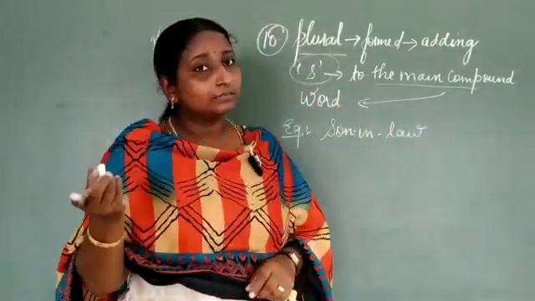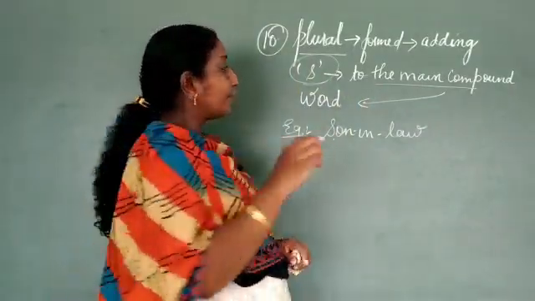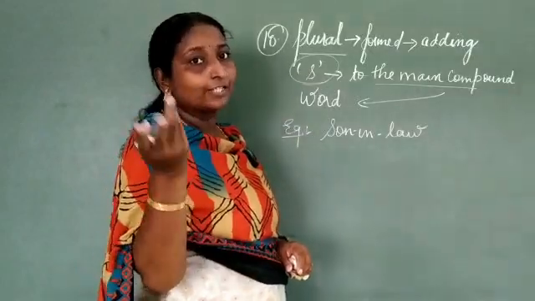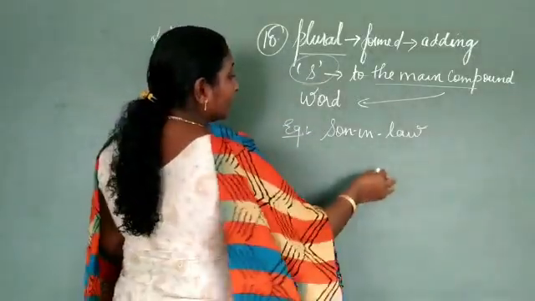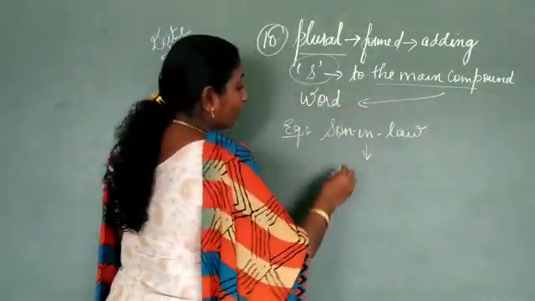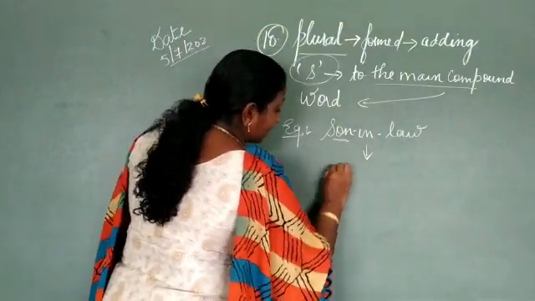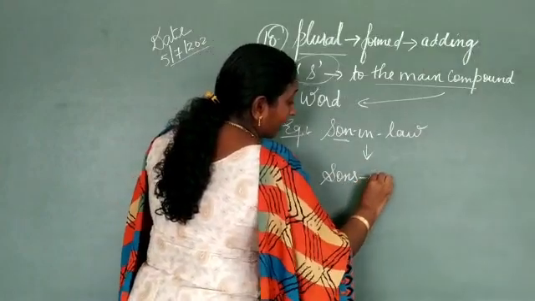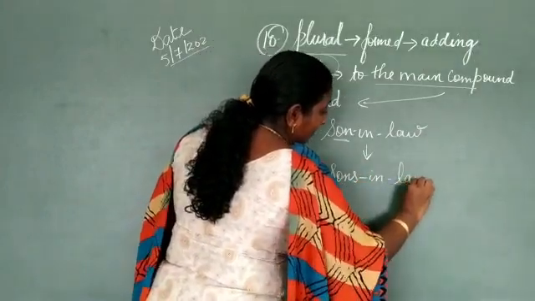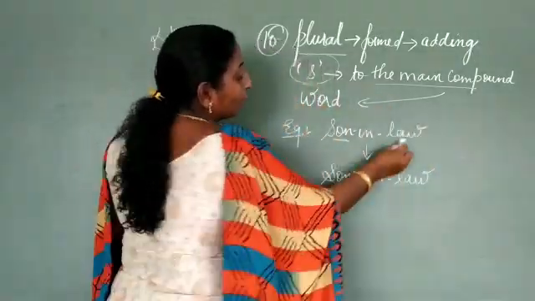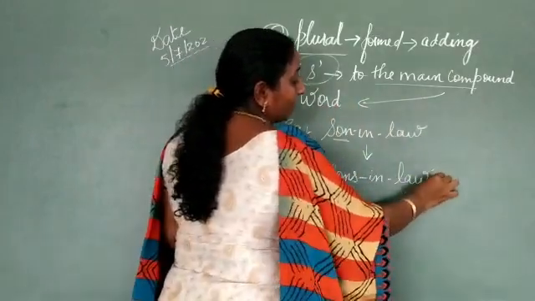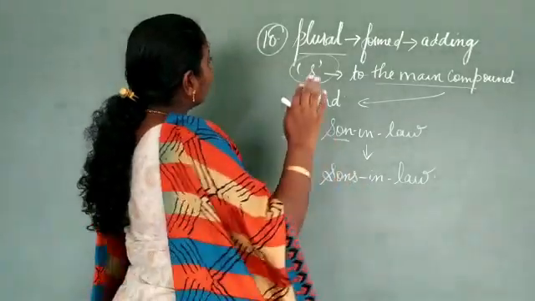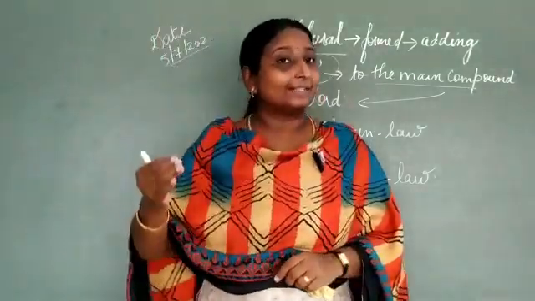Son-in-law is a singular noun. If I have to make it plural, I have to add S to the main word, so here I will use sons-in-law. I won't add S at the end here. It will be wrong if I add S there. Understood, children?